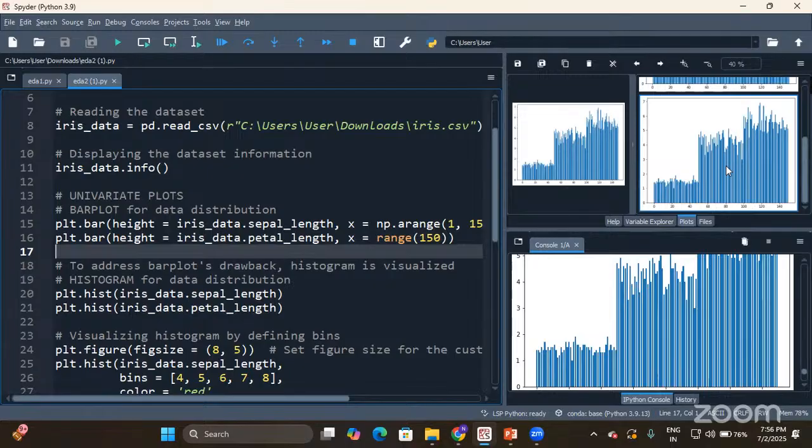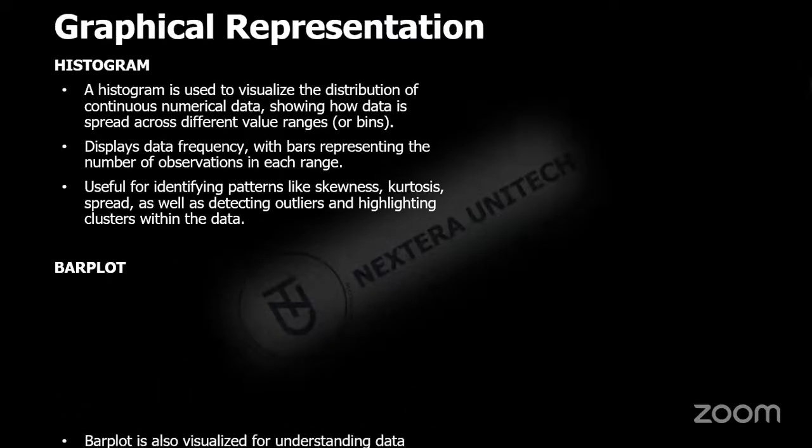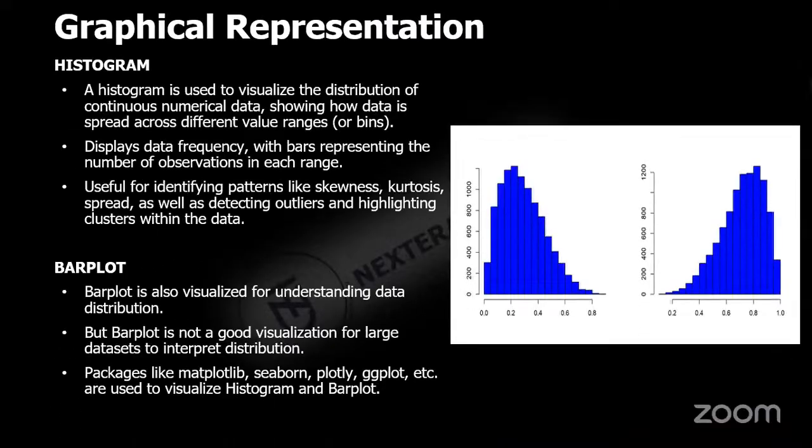So this disadvantage of the bar plot was overcome by the histogram. Let us discuss the histogram, guys. So what exactly is a histogram? A histogram is a visualization which is also used for data distribution.